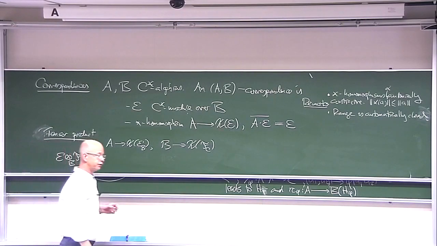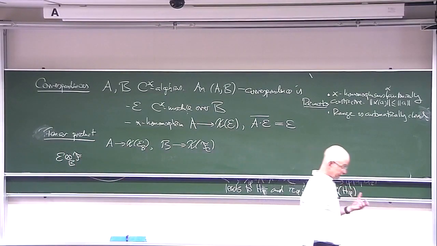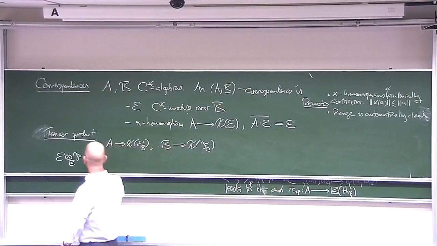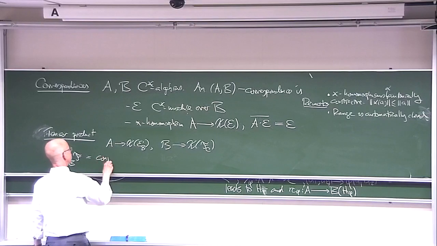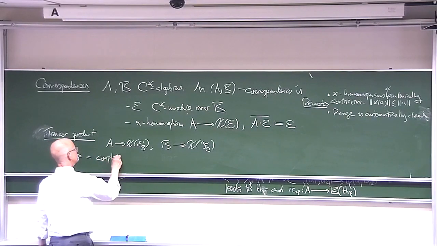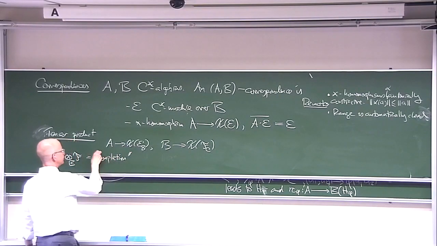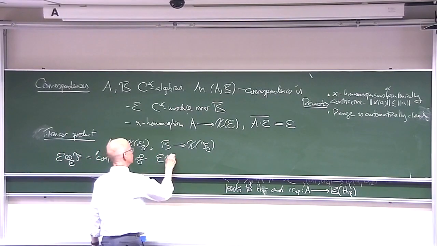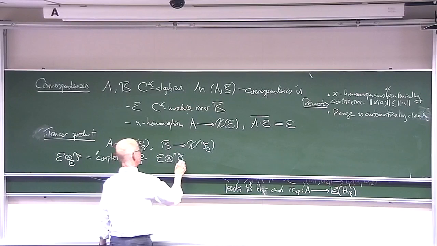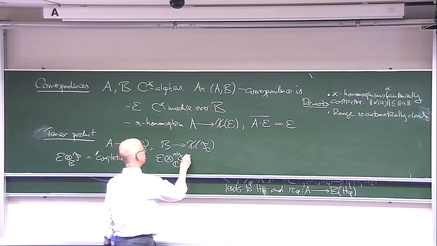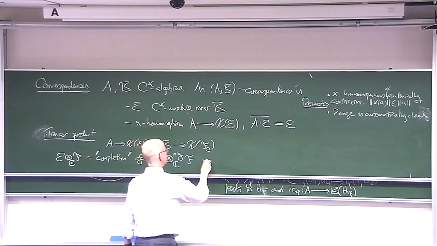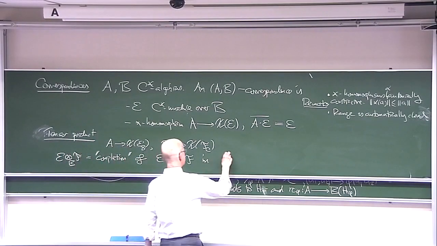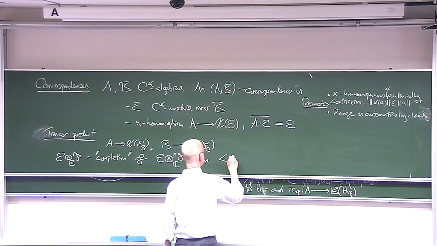And the first thing I can do is take the following tensor product, and it's just the completion, maybe I should put that word in quotation marks, of the algebraic balanced tensor product, in fact you just take the tensor product over C, with an inner product which is defined in the following way.